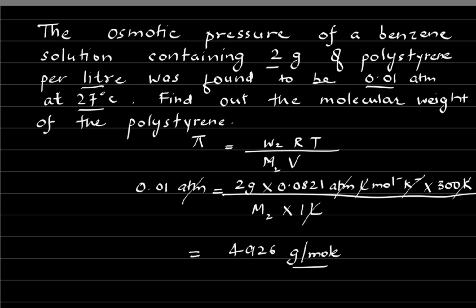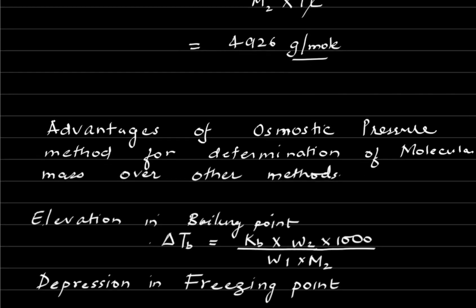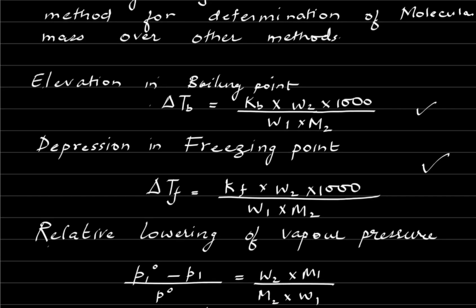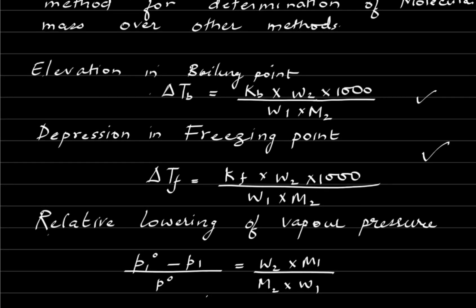Now, osmotic pressure is not the only method that we use to find out molecular mass of solute. We have other methods as well. We have elevation in boiling point, we have depression in freezing point, and relative lowering of vapor pressure. But osmotic pressure method has two main advantages over the other methods.